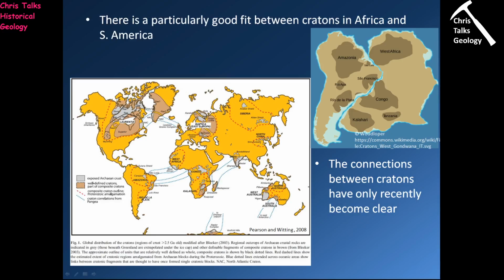And we can also see that Baltica was joined to essentially the Superior province, which covers North America, Greenland, Scotland, and Scandinavia and Eastern Europe. So by linking these cratons together, we can see that, once again, they were joined together to form one bigger landmass, and then they migrated away to their current positions. But the cratons also tell us that this wasn't just a one-off event. This is something that's happened again and again and again.